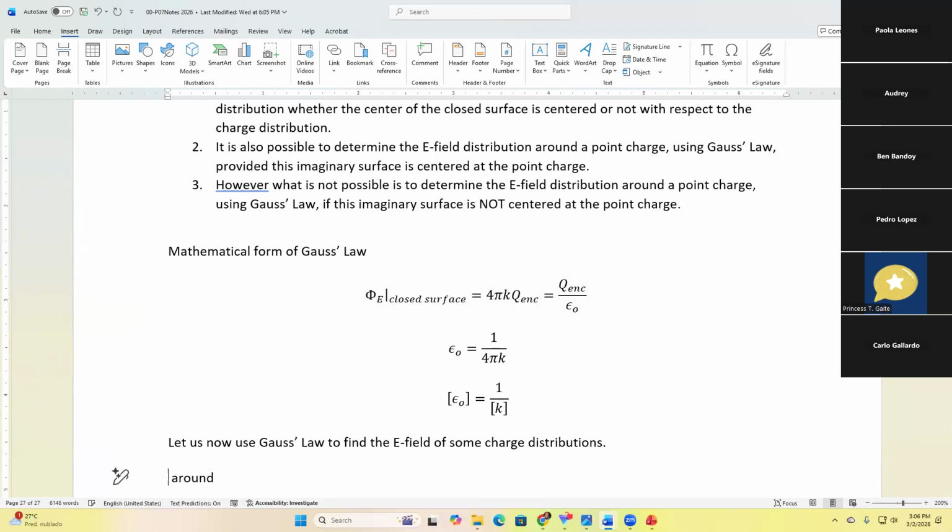The first one, the easiest of them, is the E field of a point charge. You already know the E field of a point charge, but I want you to determine it assuming that you do not know Coulomb's law, okay?